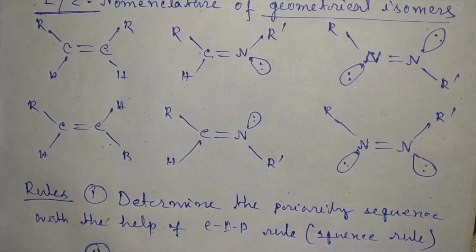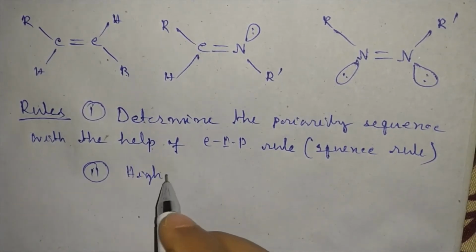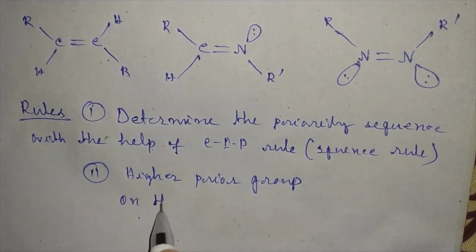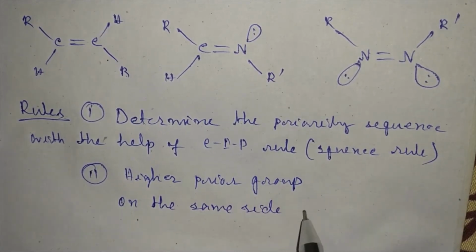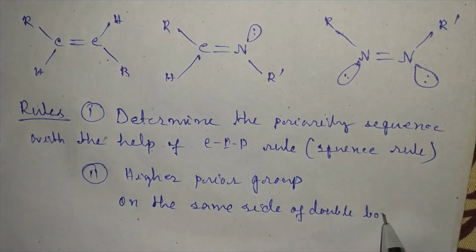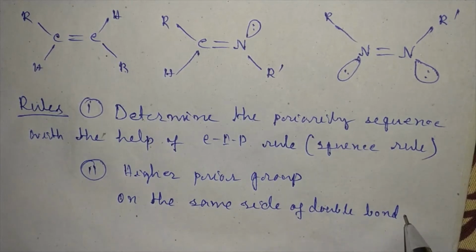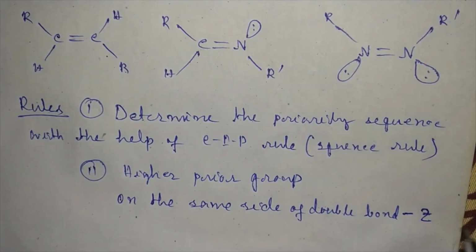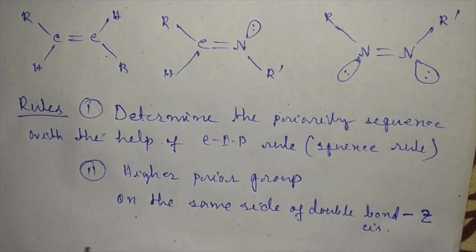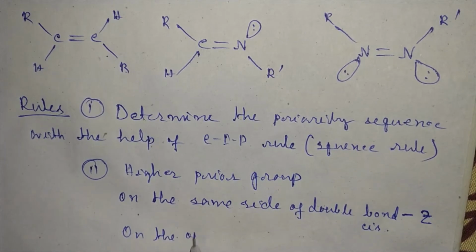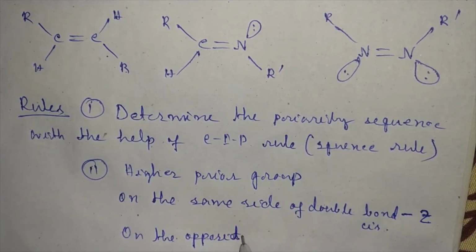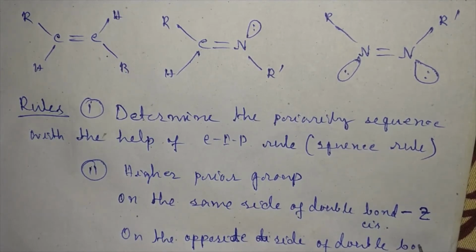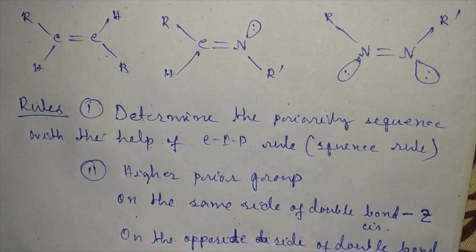If they are on the same side of the double bond, then it will be Z, that is cis, or if on the opposite side, that means E or trans.